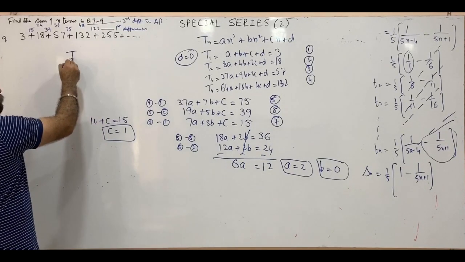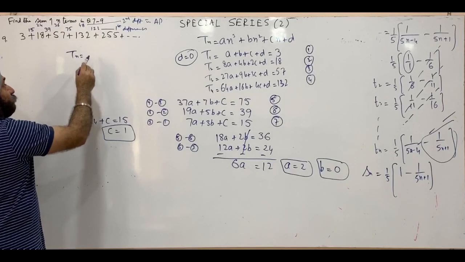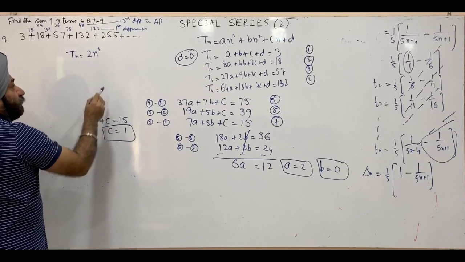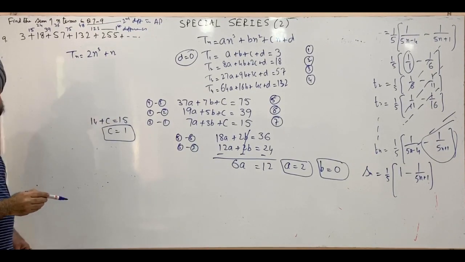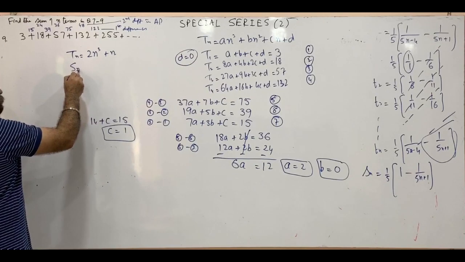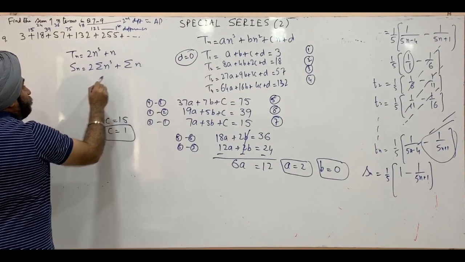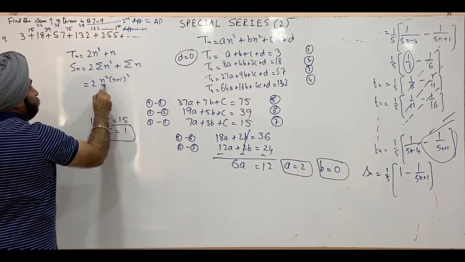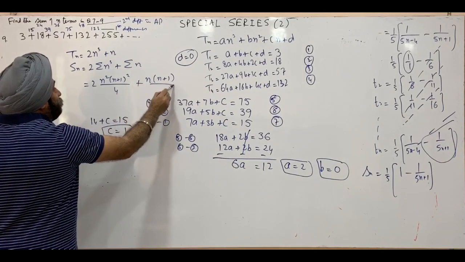And we find out the nth term by substituting these values. a is 2, so this is 2n cube, b is 0, c is 1, so 1 into n, d is 0. This is the nth term. To find the sum of n terms, we apply sigma. This is sigma n cube plus sigma n. Sigma n cube is n square n plus 1 whole square upon 4, and this is n into n plus 1 upon 2.